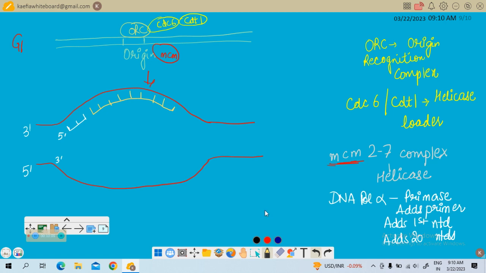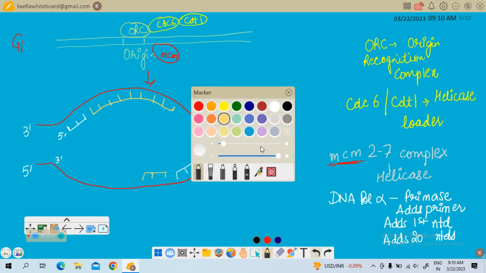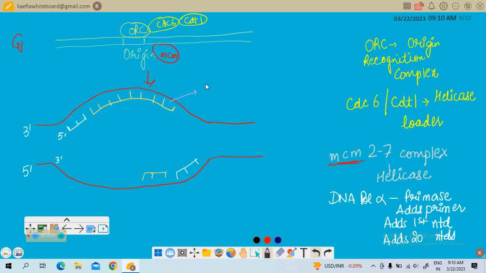Similarly here also, since this is a lagging strand, now this is the leading strand and this is the lagging strand.